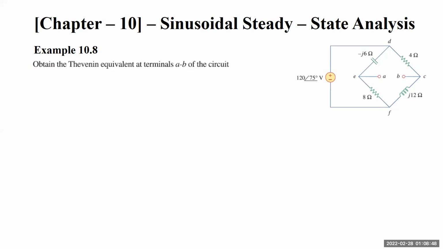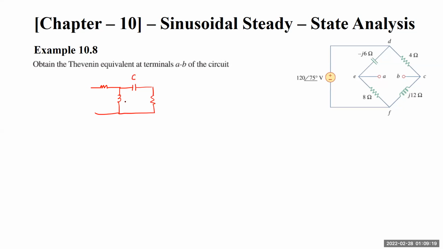In this example, we have to obtain the Thevenin equivalent of the circuit that is shown over here. Remember, the Thevenin equivalent for any circuit will always be taken against any two terminals. For example, say we have a circuit like this.